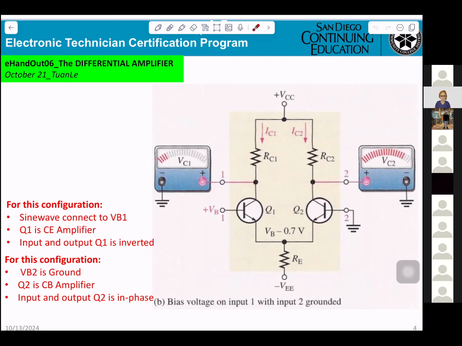VB2 is grounded here. Q2 is a CB amplifier. How come they say Q2 is a CB amplifier?